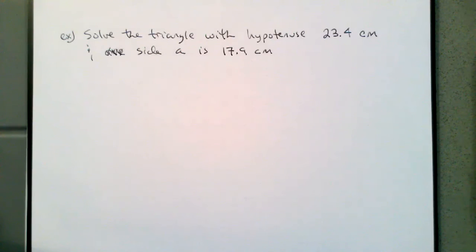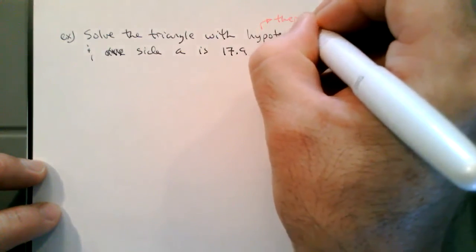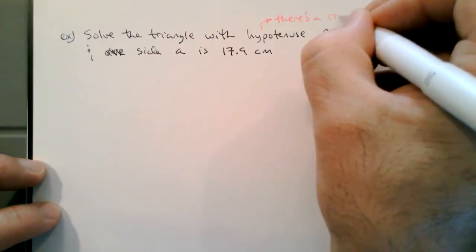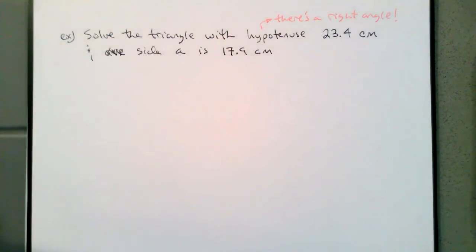Now, here's our three pieces of information. The hypotenuse is 23.4. Side A is 17.9. And one of the angles must be a right angle. So let's think about what we can use. Let's draw a picture using our standard naming convention.